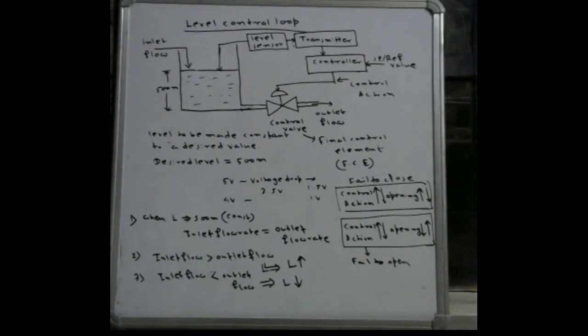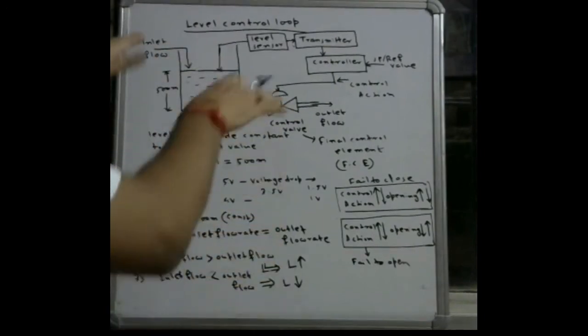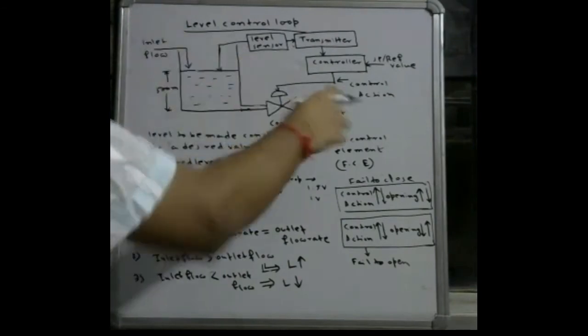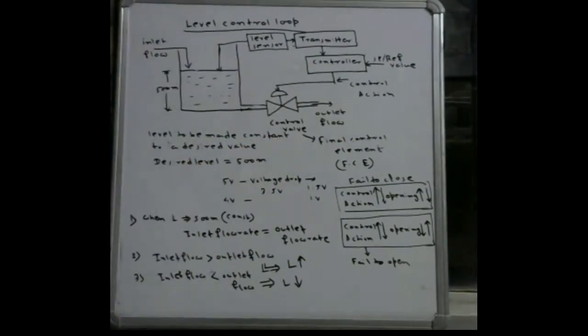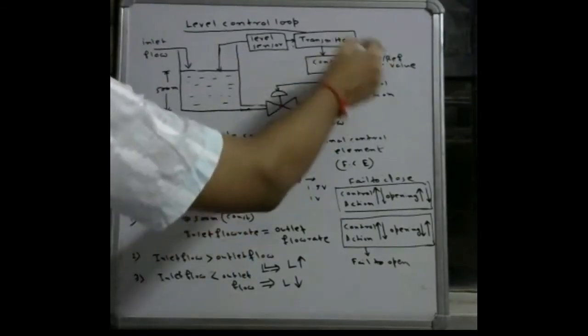So the controller will decide how much voltage or current is to be delivered to the control valve, so that the opening will make the inlet flow rate and outlet flow rate the same. So we have to make a balance between them, and this balance is done by the controller.